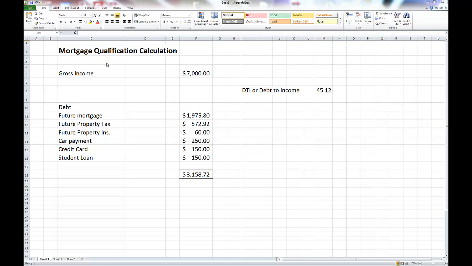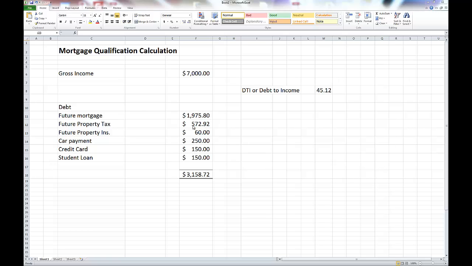So the first thing that you would need is obviously your gross income, and this is a monthly income. In this particular example, I have $7,000 per month, and then you would also need your current monthly debt.